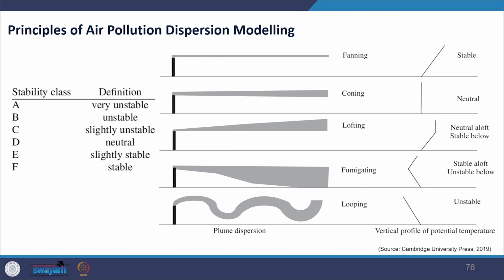Usually such stable conditions occur during cold, still nights with clear sky. You can see in the image the range of the stability classes. However, new versions of Gaussian plume air dispersion models, for example AERMOD or ADMS-5, are improved versions that treat the turbulent flow in atmospheric boundary layers. So we have seen the principle, but now newer models are coming with improved concepts.